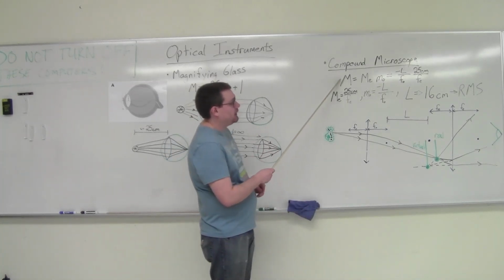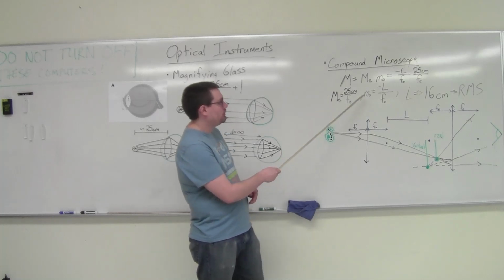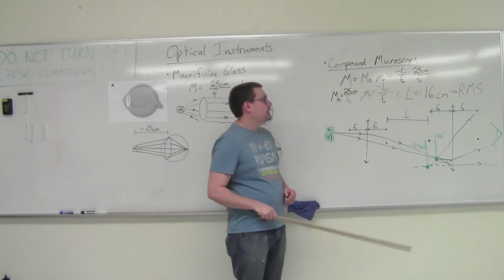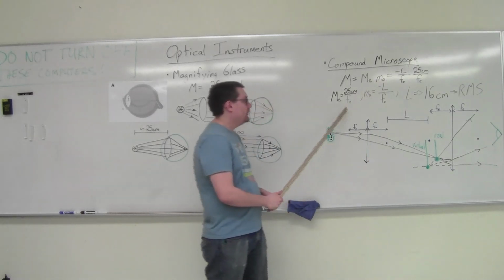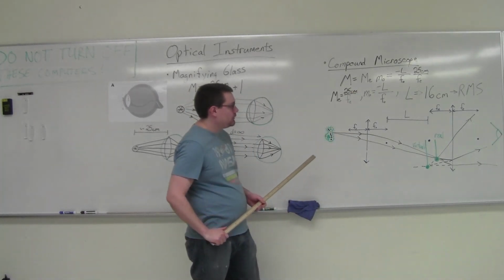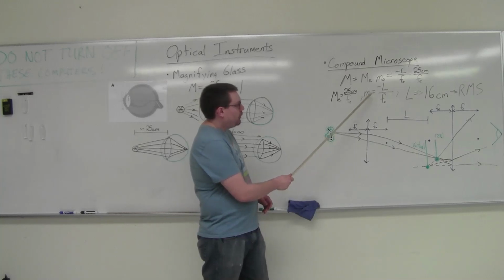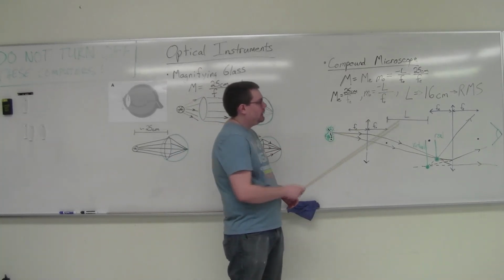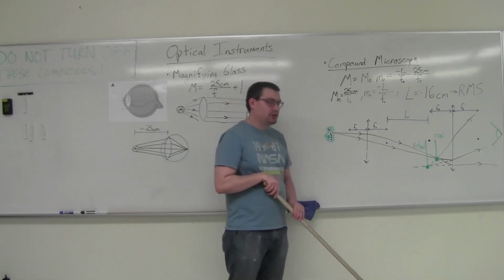So finding the magnification of our compound microscope is as easy as multiplying the magnification of the eyepiece times the magnification of the objective. Eyepiece is just, again, your eye over the focal length of the eyepiece. And the MO is a bit different. We need to put the tube length in there and the focal length of the objective lens.